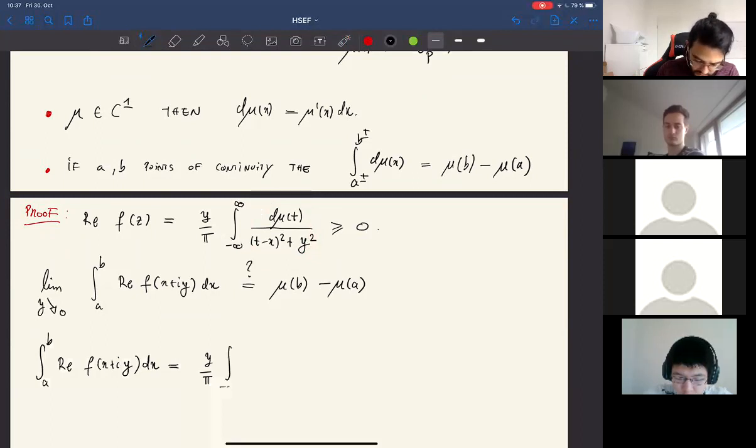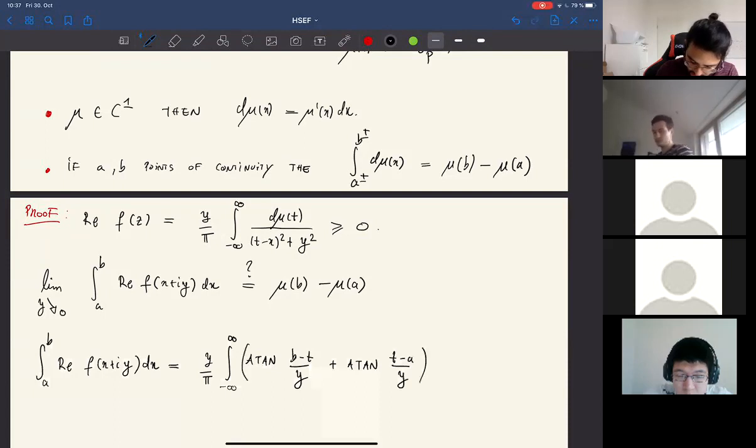So then we switch, and then we get arctangent of b minus t over y plus arctangent of t minus a over y, d mu t.